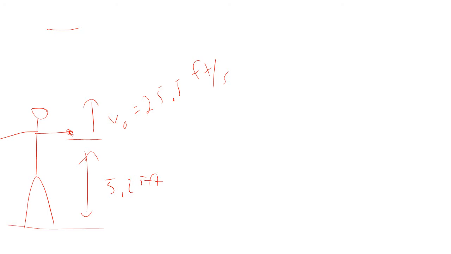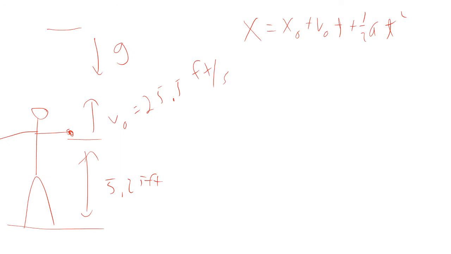So we know we can solve that because we know that x equals x naught plus v naught t plus 1/2 a t squared. So all we've got to do is find out what's the acceleration. Well, we know the acceleration is downward.